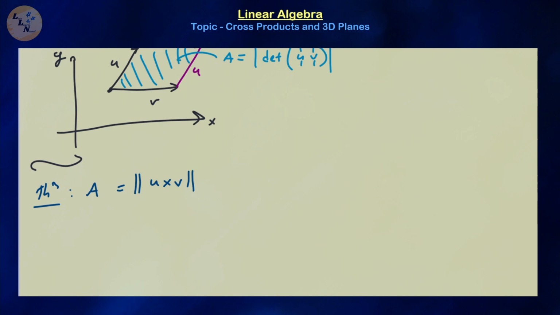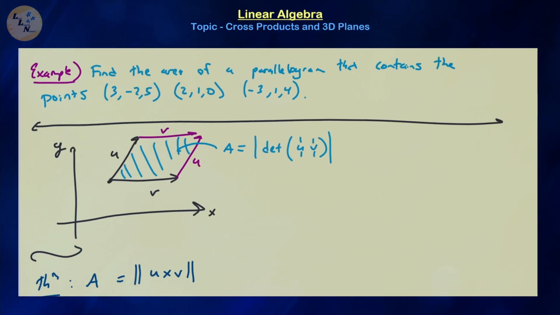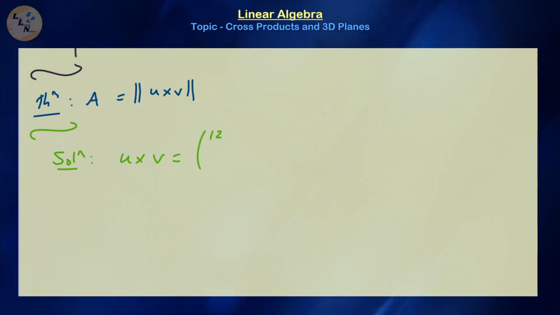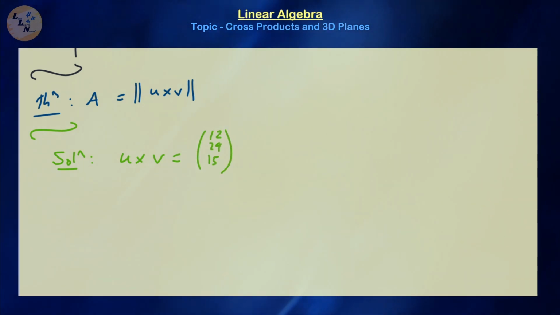So if that's the case, how do we do it? If we look back at our example, let's assume that we want to find the area of the parallelogram that's spanned by those particular vectors. We would first have to find the cross product, which is the same exact example as before. So that means the area is going to be the norm of the vector 12, 29, 15.